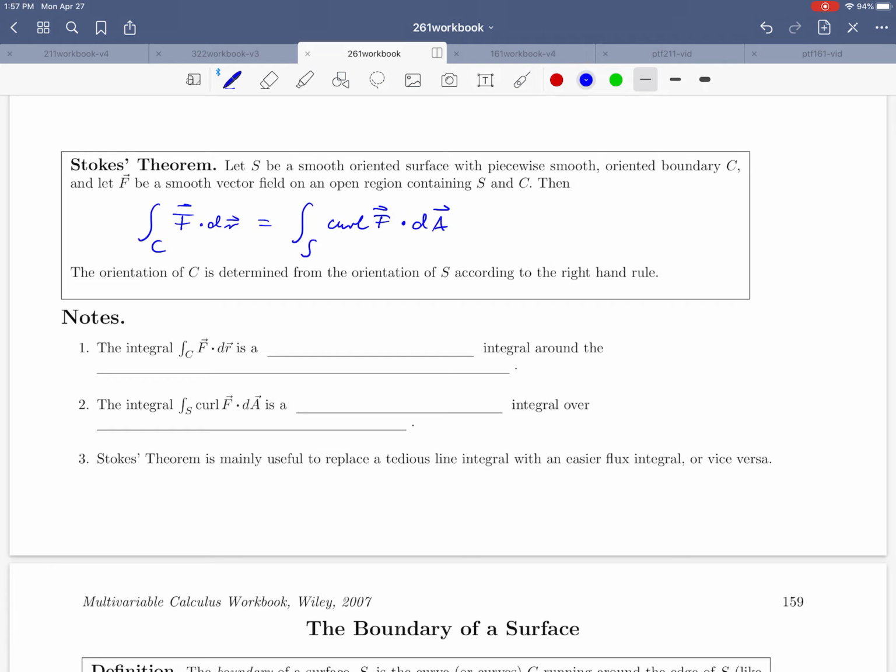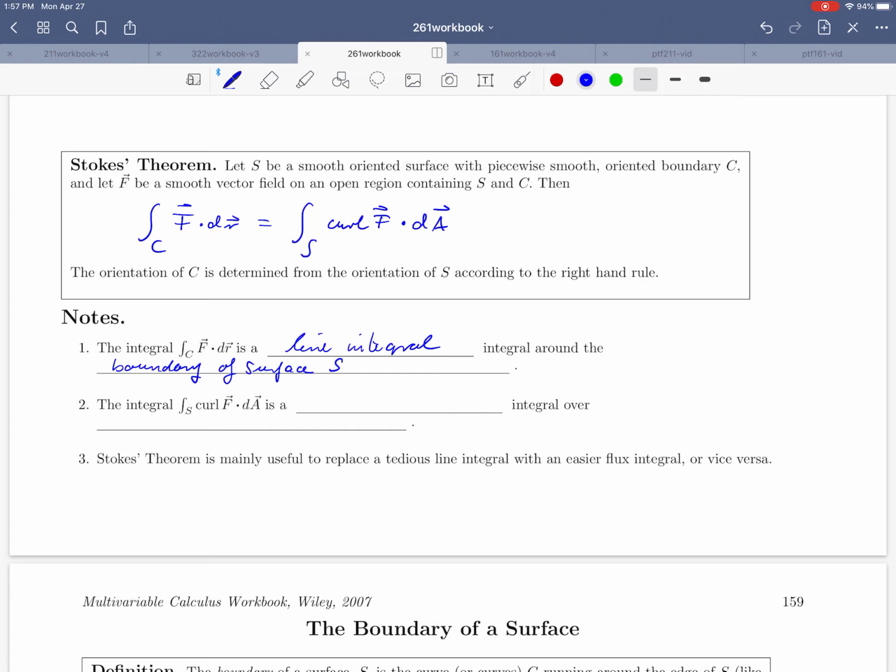And so what is this good for? Well, note on the left-hand side of this statement, we have the integral over C of F dr, and this is a line integral around the boundary of surface S. So on the left-hand side, we have a line integral.